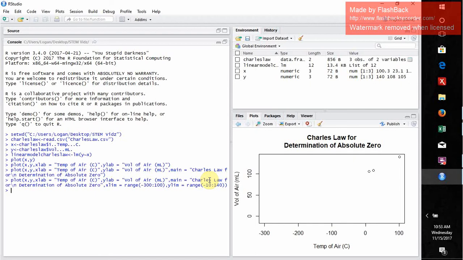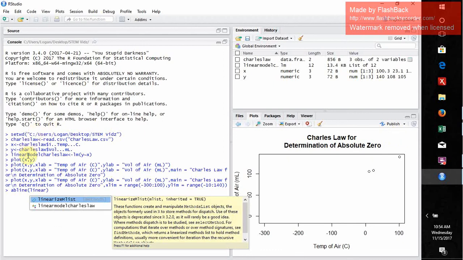So I like this plot, but I want to plot the best fit line for these three data points in this plot. So we can do that with abline, and we're going to do that to the linear model which we established earlier right here. This is the linear model where y is proportional to x, and we titled it linear model Charles law.